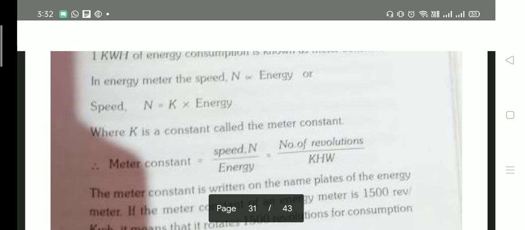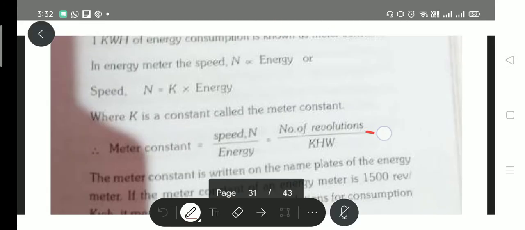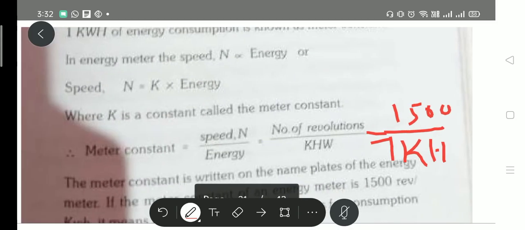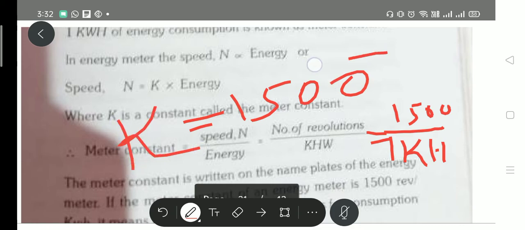Suppose the aluminum disc takes 1500 revolutions. So 1500 revolutions divided by energy, which I am taking as 1 kilowatt hour, we get 1500. The meter constant is 1500. The K value is 1500 here.